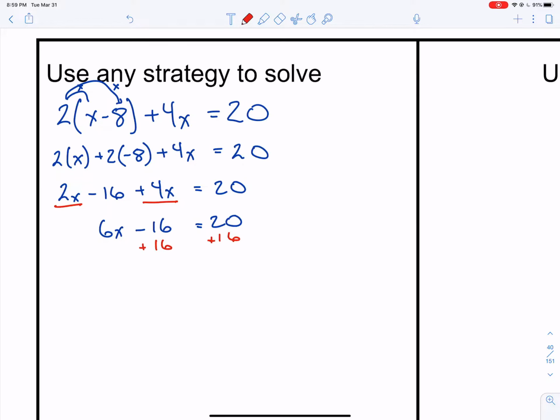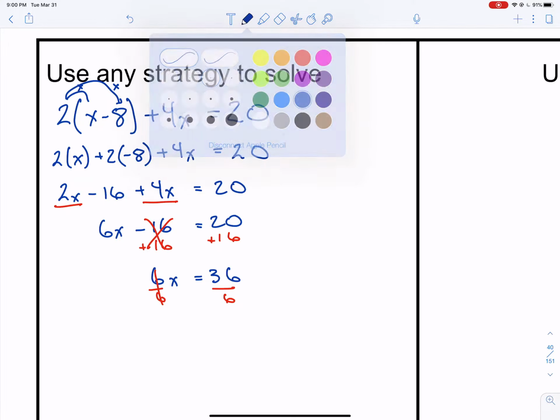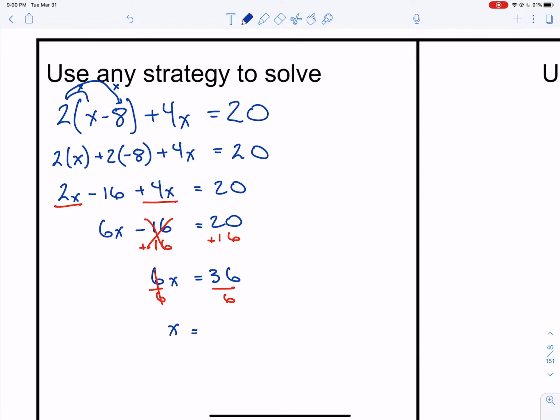Okay, so negative and a positive 16, that becomes 0. So all we have on the left is 6x. On the right, we have 36. Okay, our last step is to divide both sides by 6. So that 6 over 6 is a 1. So 1 times x is just x on the left, which is what we want. We want to isolate the variable.